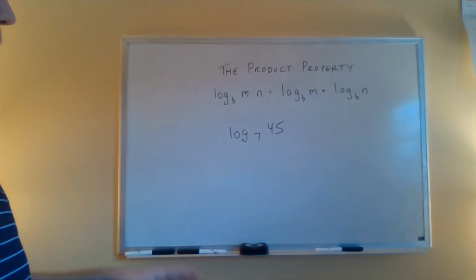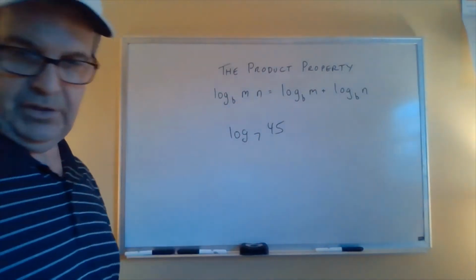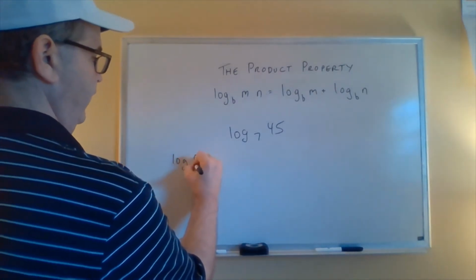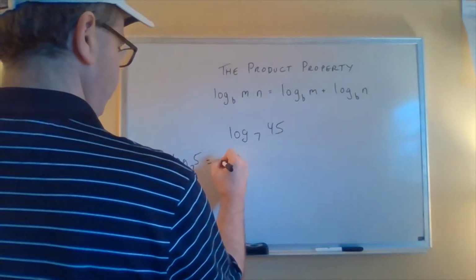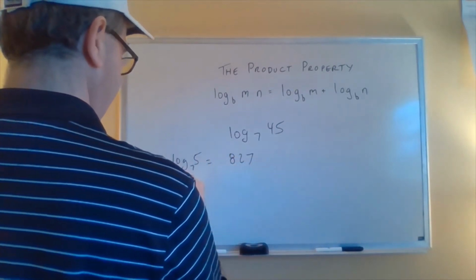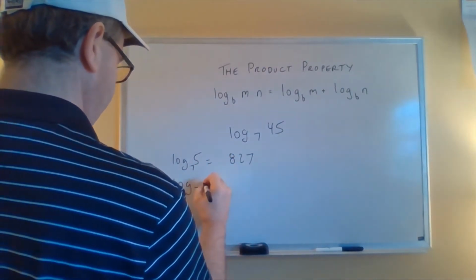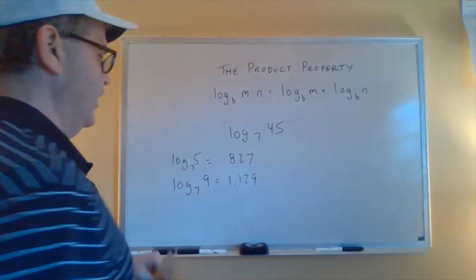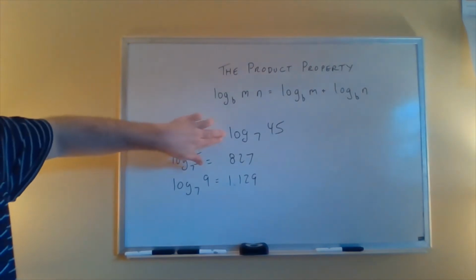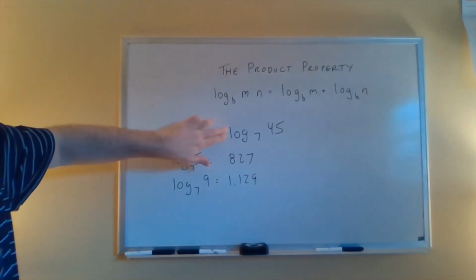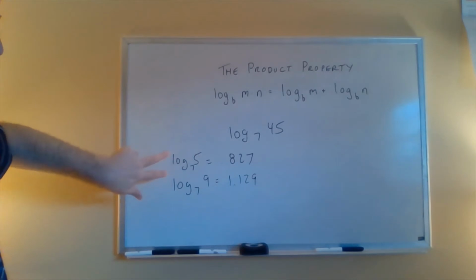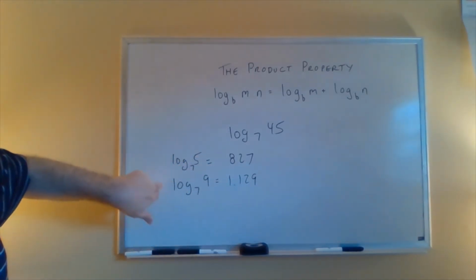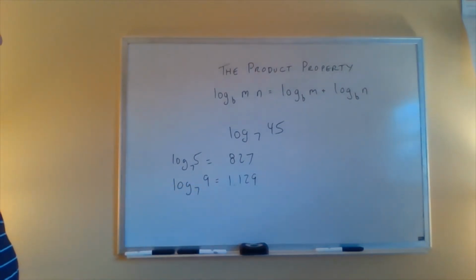And it'll ask you to come up with an approximate value for this, given that the log base 7 of 5 is equal to 0.827, and the log base 7 of 9 is equal to 1.129. It'll give you this expression right here and ask you to get an approximate value of that expression, given these two facts, that the log of 5 base 7 is 0.827 and the log of 9 base 7 is 1.129.